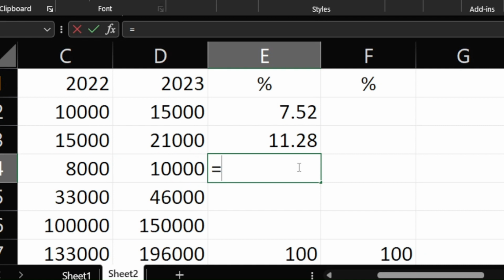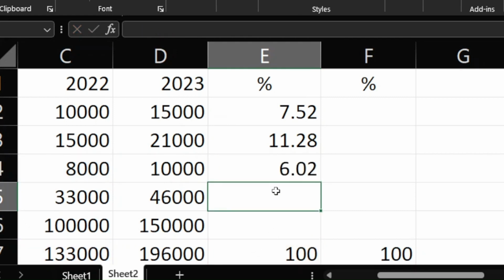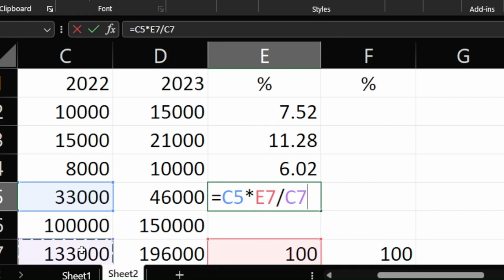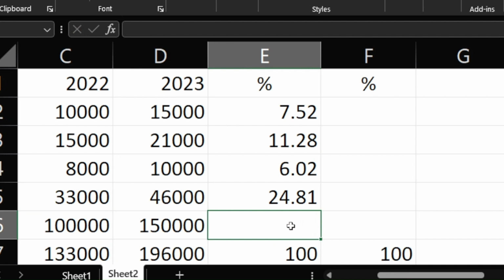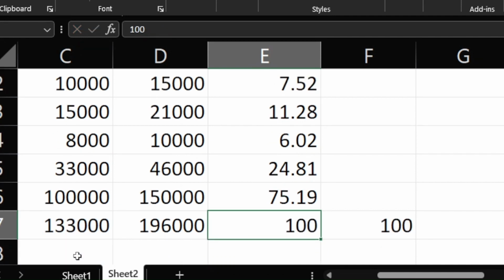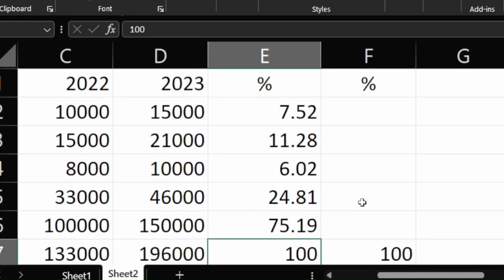And again the same: 8,000 into 100 by this one, and it is equal to this one into this one.